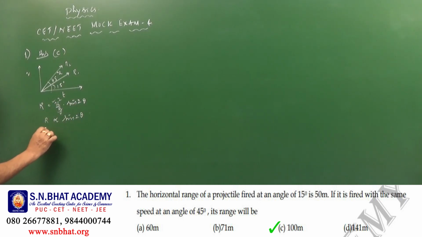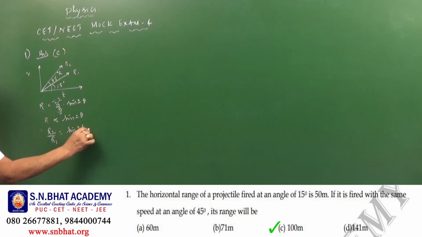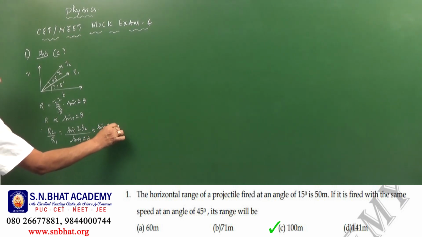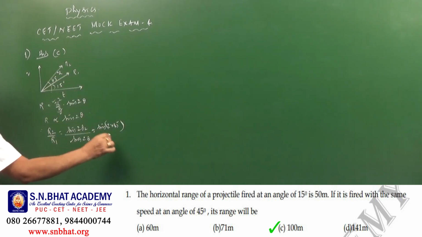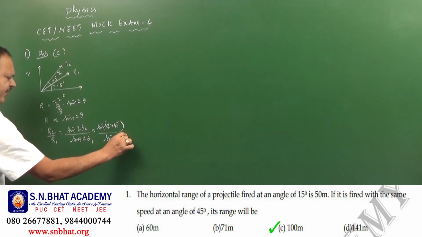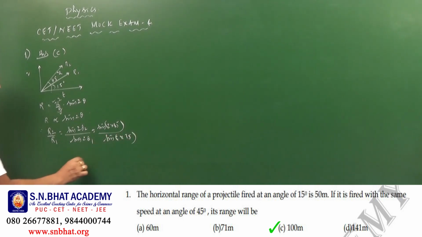You apply for this, therefore your r2 by r1 is equal to sine 2 theta 2 divided by sine 2 theta 1. Okay, so sine of 2 into 45, theta 2 is 45, and sine of 2 into theta 1 is 15 degree. Therefore sine 45 into 2 is equal to sine 90, so sine 90 is equal to 1.